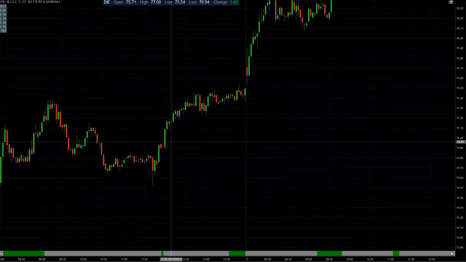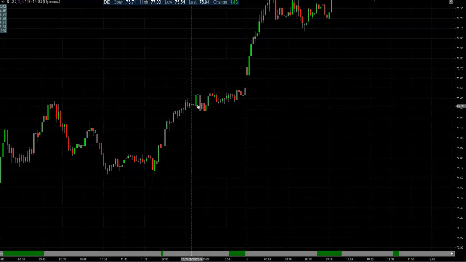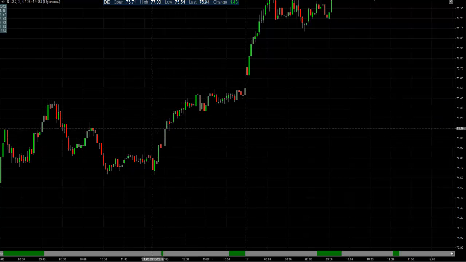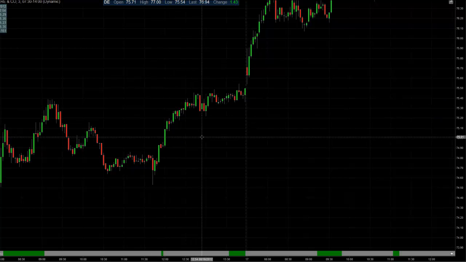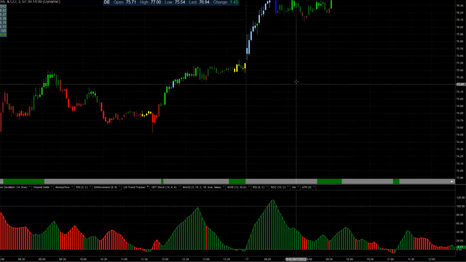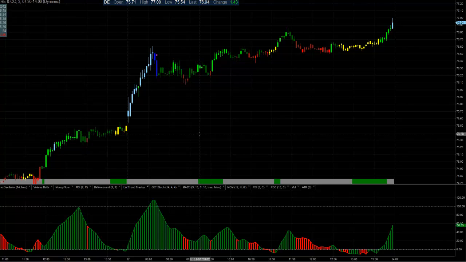If I double click that, there are red candles that happen here, and I didn't want to be shaken out of a trade by a red candle. So I wanted to develop a trend tracking system that allowed me to stay with a trade longer. So I created this system, and I'm going to try and explain it for you guys.